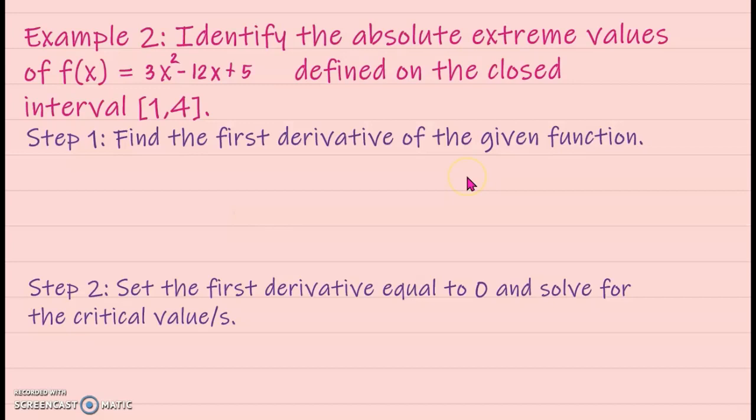The given function is f of x equals 3x squared minus 12x plus 5. So f prime of x is equal to 6x minus 12. So that's already our first derivative.